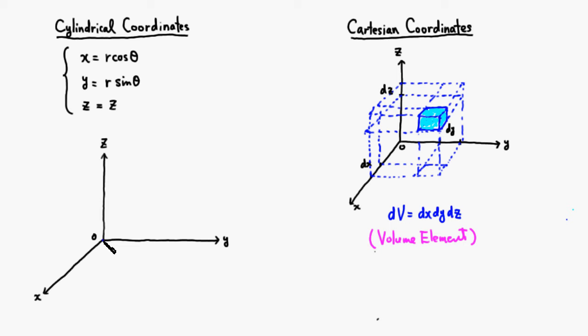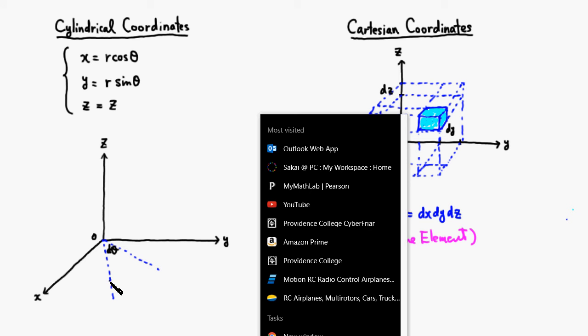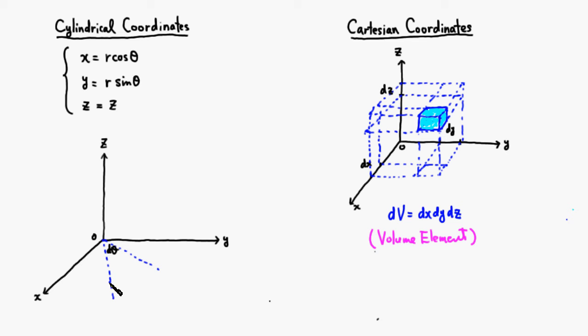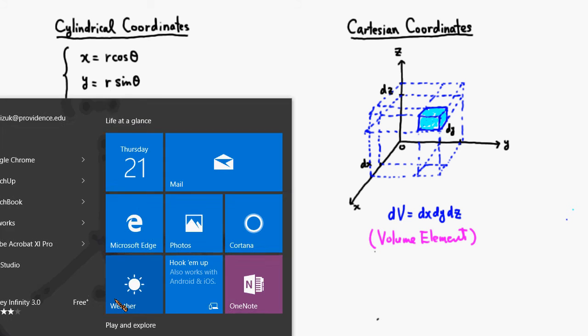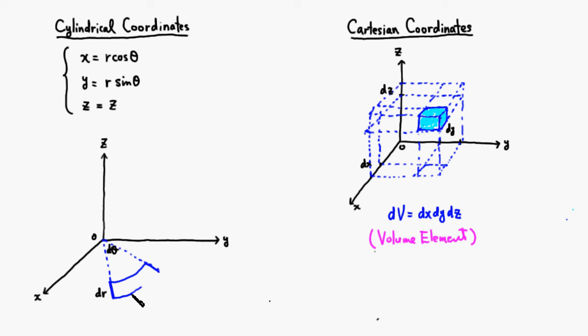So we have a little bit of theta. I'm going to draw it like this. So that will be our d theta. And the r is going to be, say, from here to there, and this is going to be our dr. So you would have, again, kind of a part of the pie shape, which looks like that.